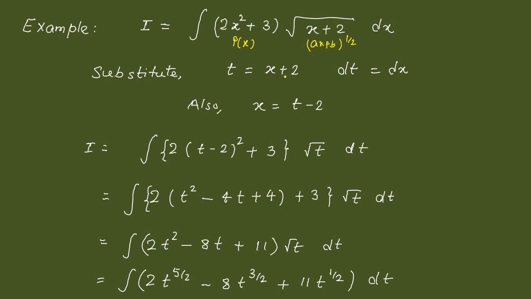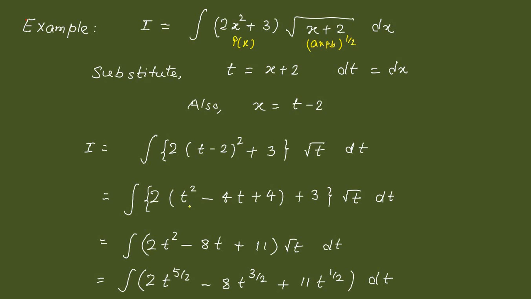So t is equal to x plus 2, dt will be dx, and x will be t minus 2, because we have to write x in terms of t. Now in the polynomial we substitute x with t minus 2, so this will be 2 times (t minus 2) the whole square plus 3, and of course this will be root t. Now you can see this will be very easy to handle, because we can expand it.